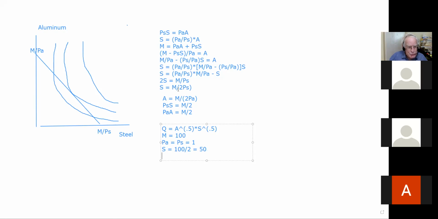So we are using 50 tons of steel. And the same thing for aluminum. Again, M is 100 and the price of aluminum is 1, divided by 2.